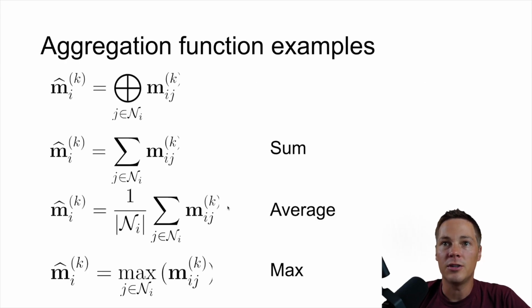So a couple instantiations of this that are common. The first is the sum. So we simply add up all of the messages. So in this case, that would be adding up the net worth and ages of everyone in our contact list. And if you were trying to model something like total access to capital, that might make some sense. Average is the same sort of thing, where you're summing them up, but then you're just scaling by the neighborhood size.